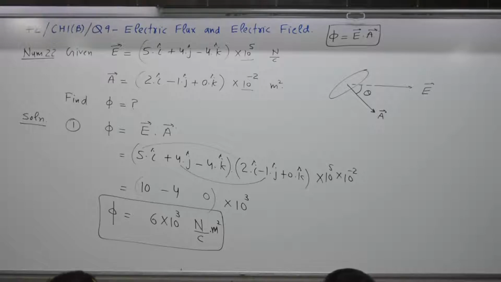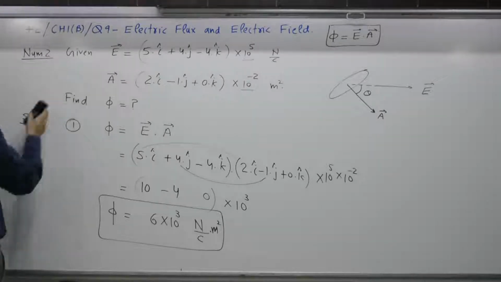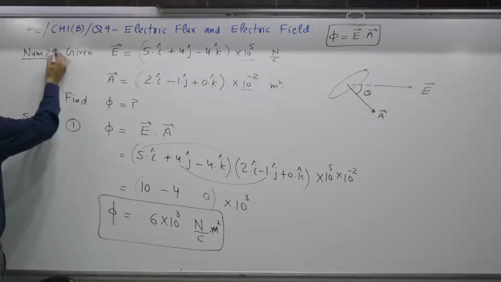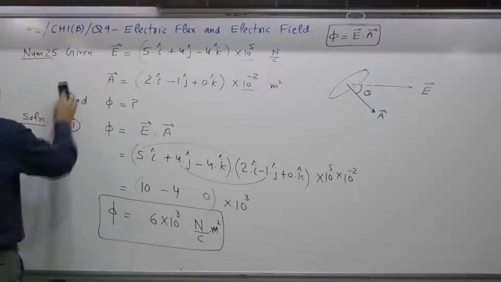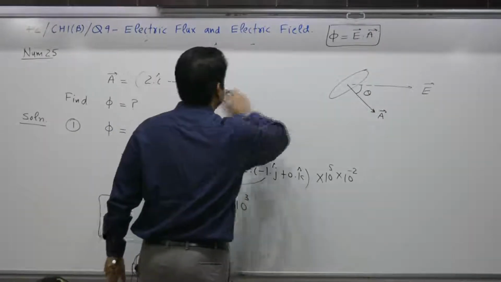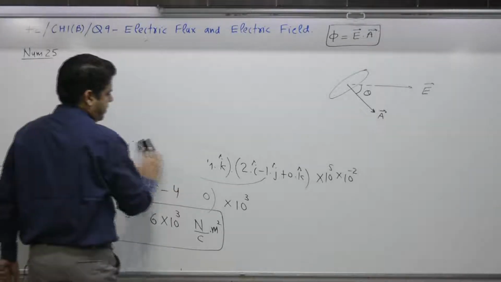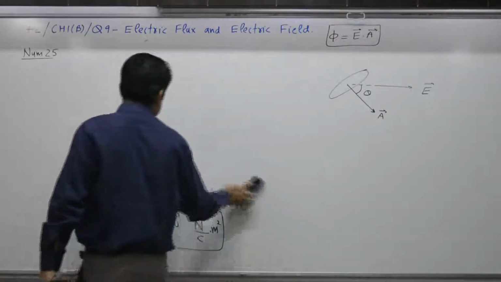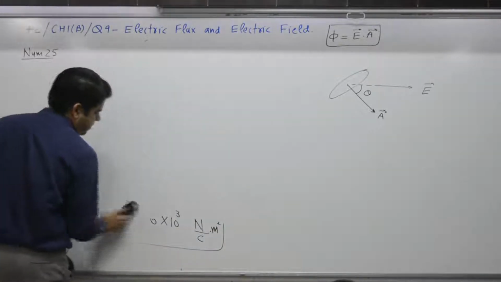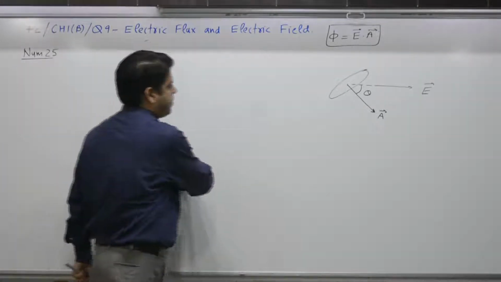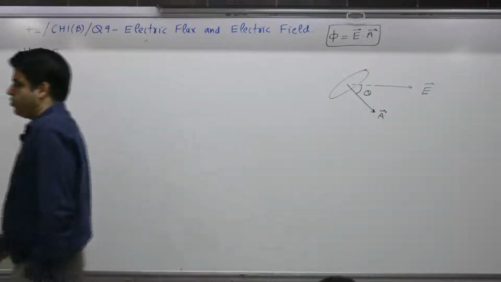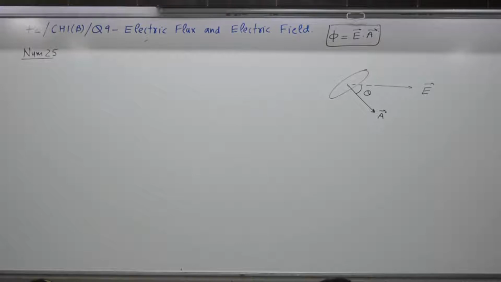Numerical number 25. A positive charge of 17.7 microcoulomb is placed at the center of a hollow sphere of radius 0.5 meter.